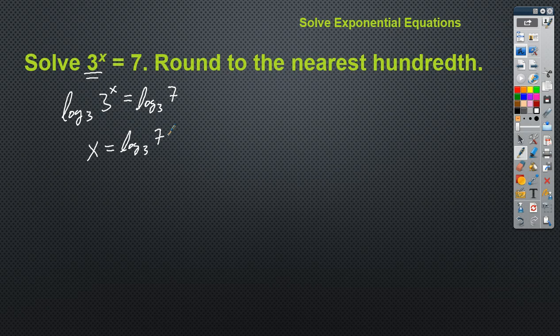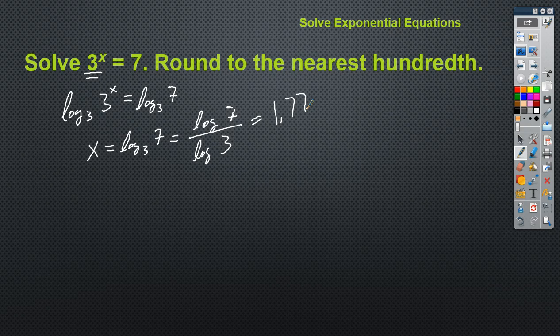But I can't put this in my calculator. What can I put in my calculator? Remember our change of base. This is log base 10 of 7 over log base 10 of 3. Now I can put that in my calculator, and the answer I get is 1.77.